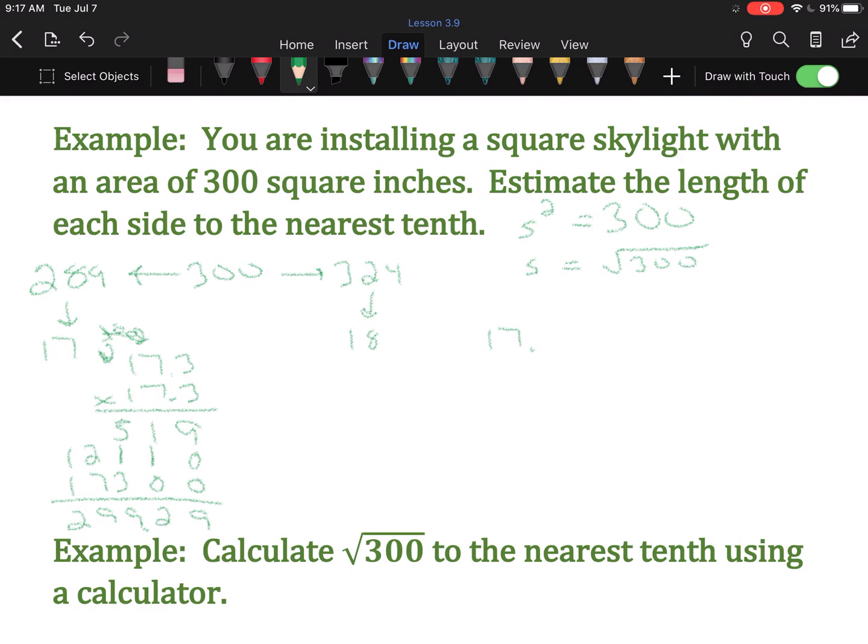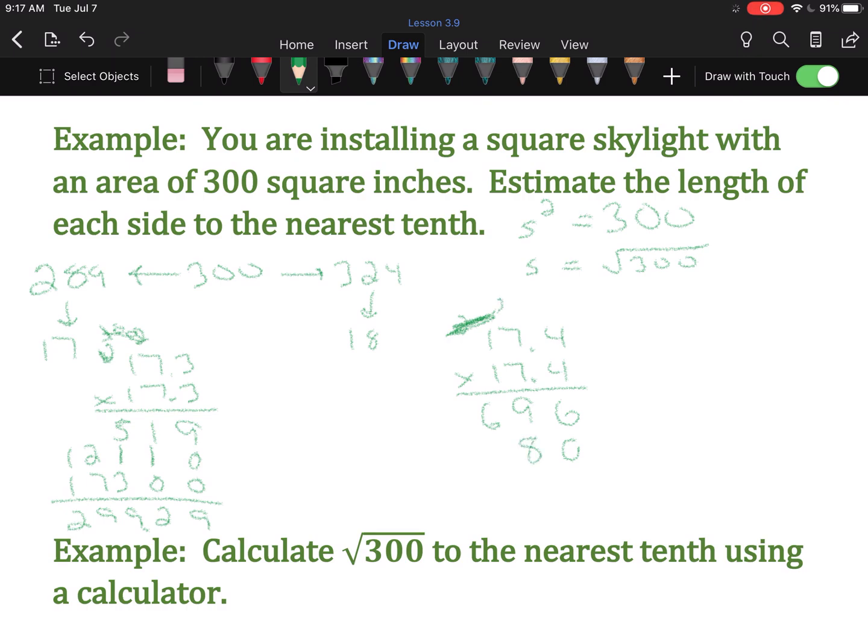Means we need to check the next guy as well, 17.4. If we're good and we're lucky, we'll get a number over 300. And I'll explain why once we do it. So let's multiply these together. 4 times 4 is 16. Carry the 1. 4 times 7 is 28 and 1 is 29. Carry the 2. 4 times 1 is 4 plus 2 is 6. Start with a 0. 7 times 4 is 28.